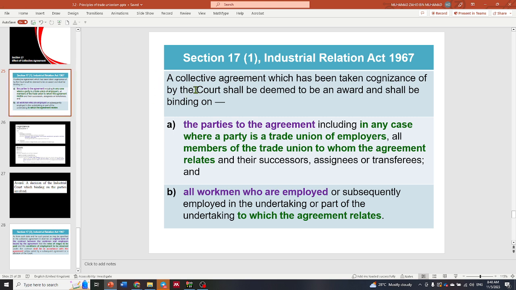Court. Court mana? Industrial court. Kita ada industrial court. Okay? Nanti saya cerita pasal industrial court. Industrial court ataupun bahasa Melayunya mahkamah buruh. Mahkamah buruh yang boleh menyatakan okay, this perjanjian yang dah dibuat oleh semua kumpulan-kumpulan ni akan diberikan award.